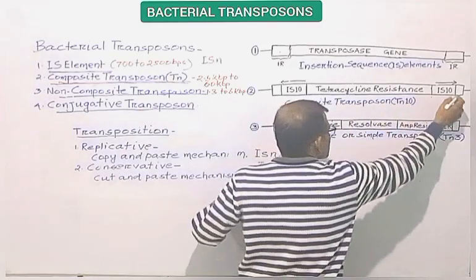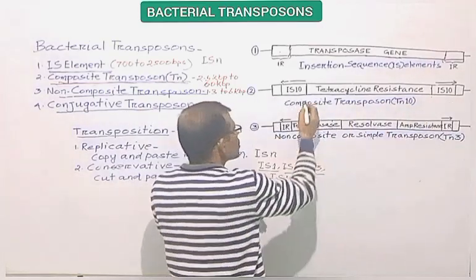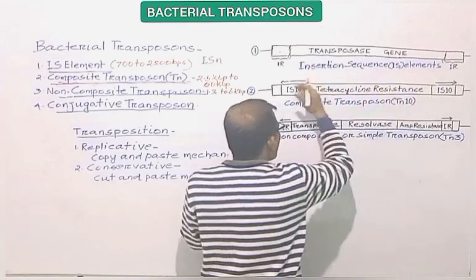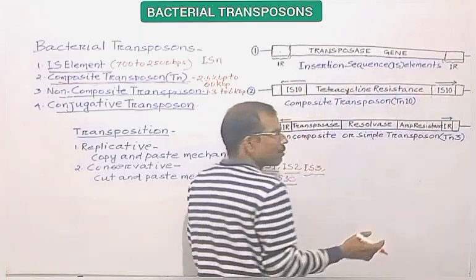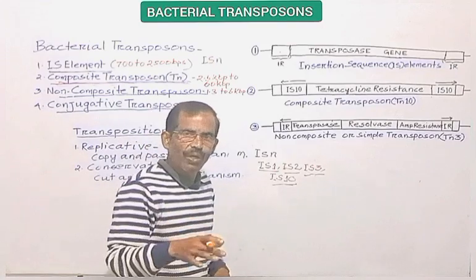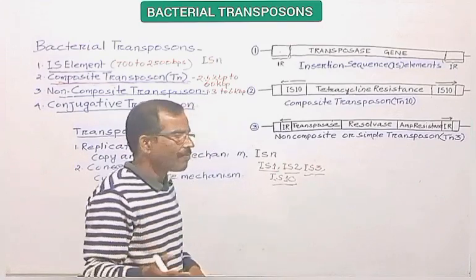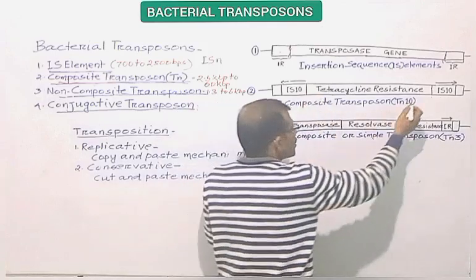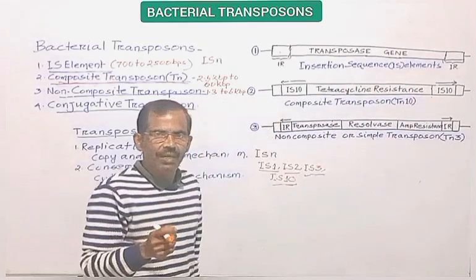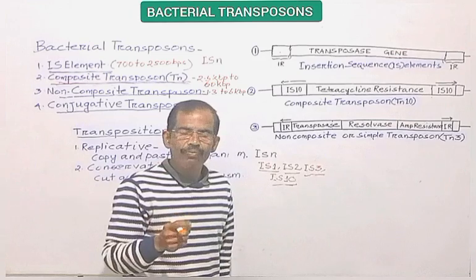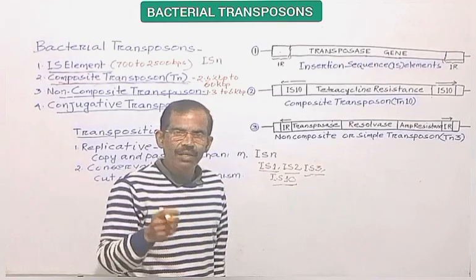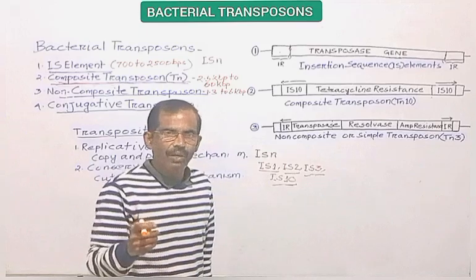Each composite transposon consists of a central coding region which is flanked on either side by insertion sequence elements which may or may not be identical. And the coding region contains genes for antibiotic resistance, for example for resistance to kanamycin or tetracycline or chloramphenicol.